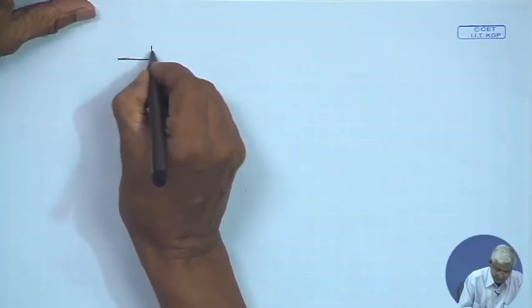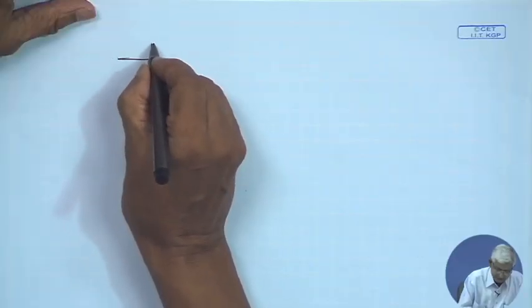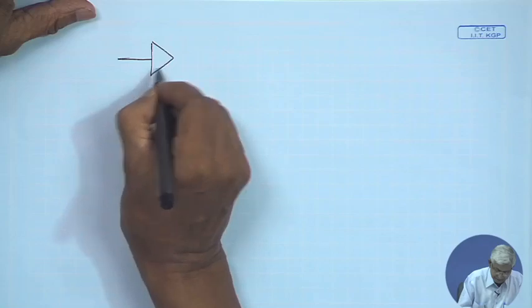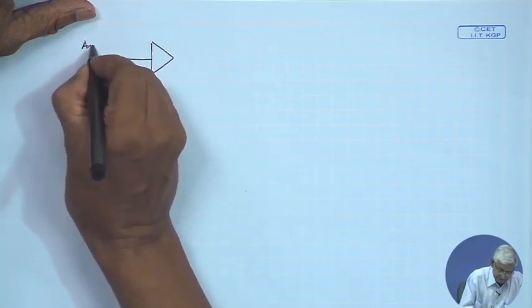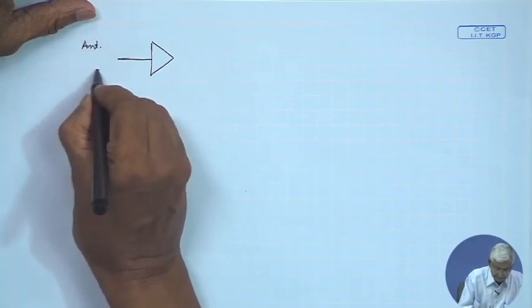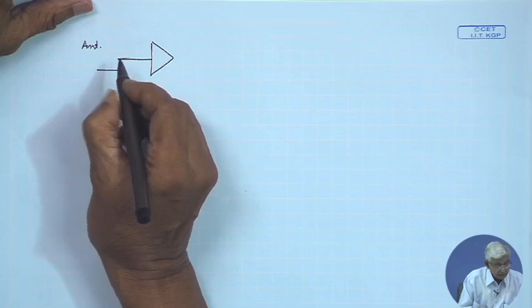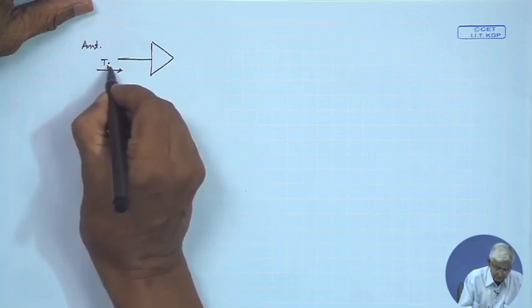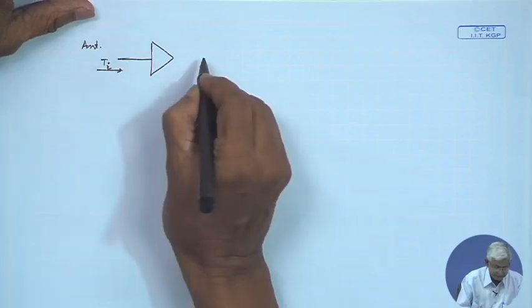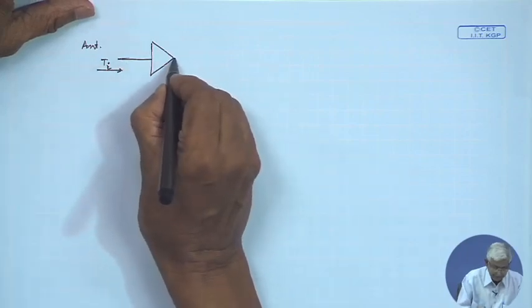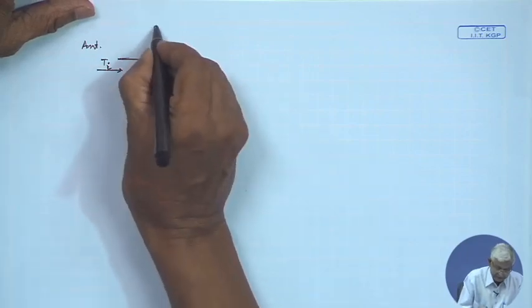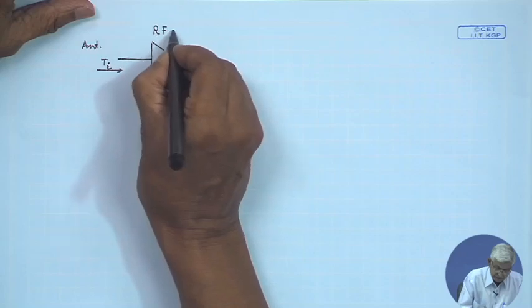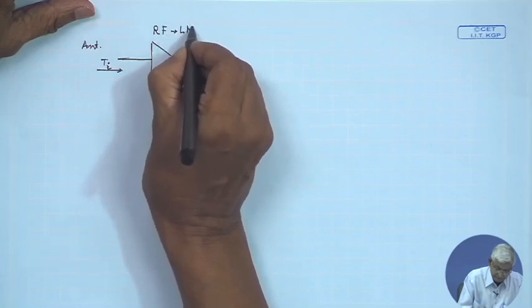Let us say that there is a signal from the antenna, let us exclude the filter for the timing, and this is the antenna. It is giving some temperature, let us say Ta is coming from the antenna, and this is the RF stage, which is nothing but LNA.